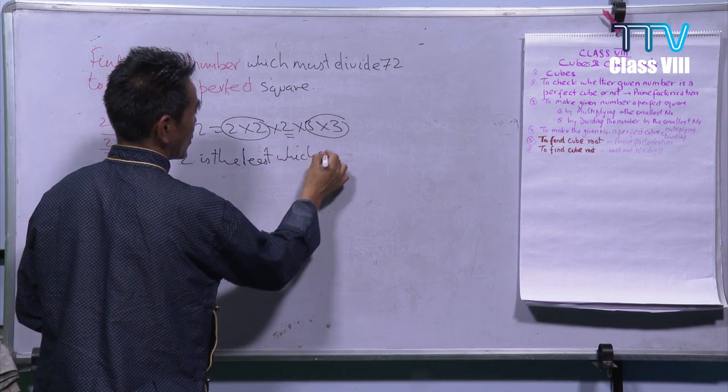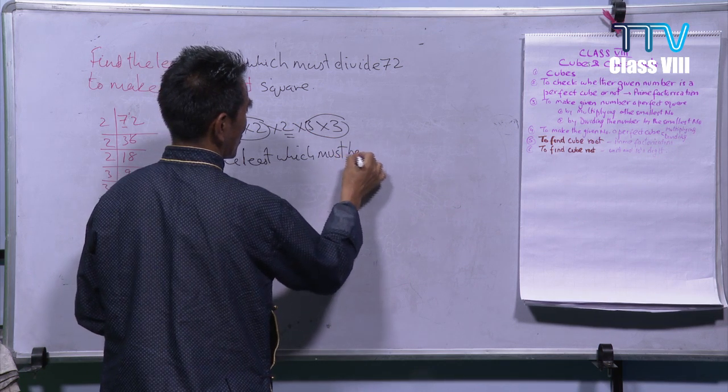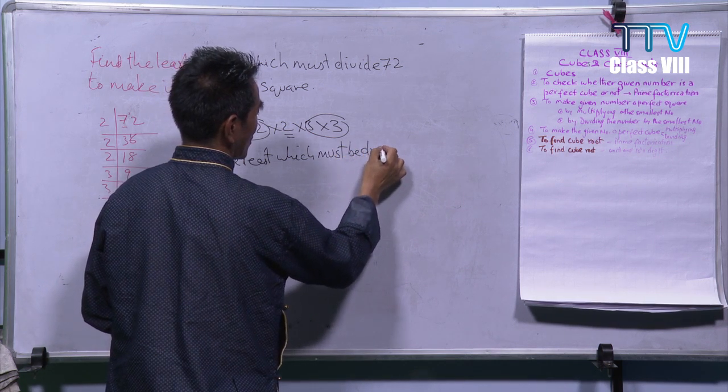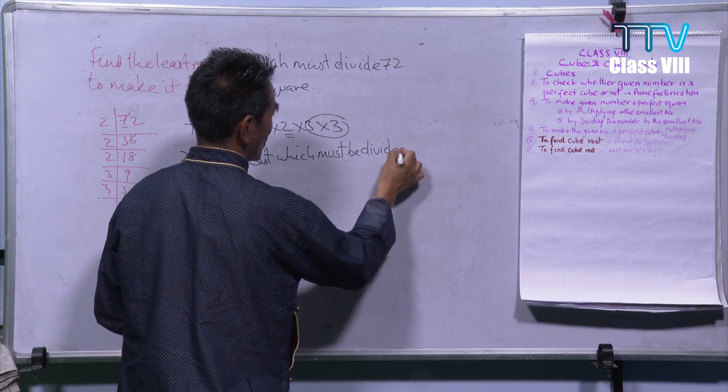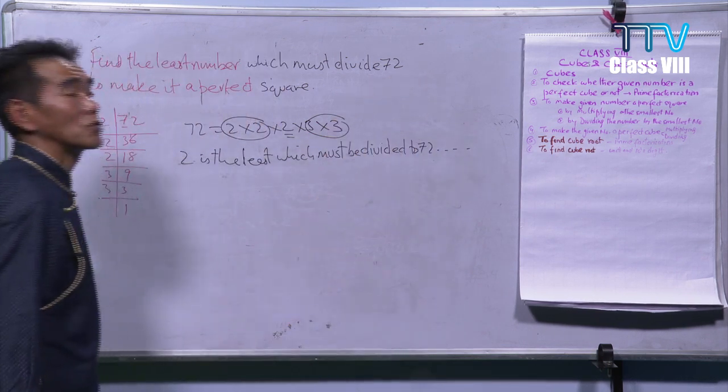We must divide 72 to get a perfect square.